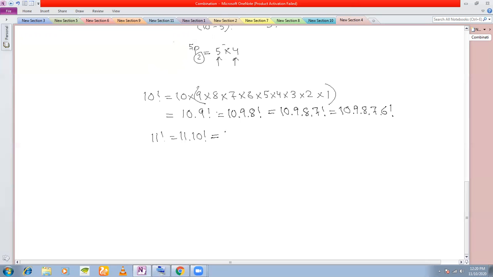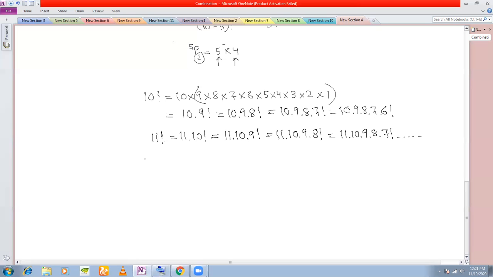Similarly, 11 into 10 factorial, you can write as 11 into 10 into 9 factorial, which is 11 into 10 into 9 into 8 factorial, which is 11 into 10 into 9 into 8 into 7 factorial, and so on. Clear? So this is a very interesting property of factorial.